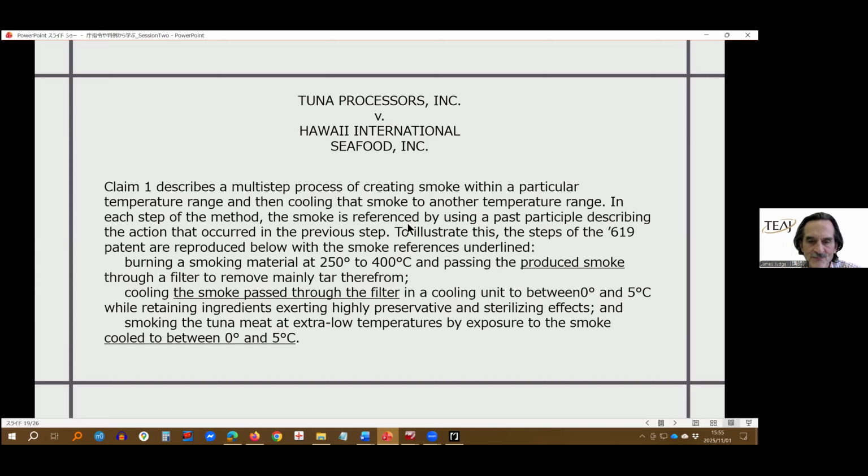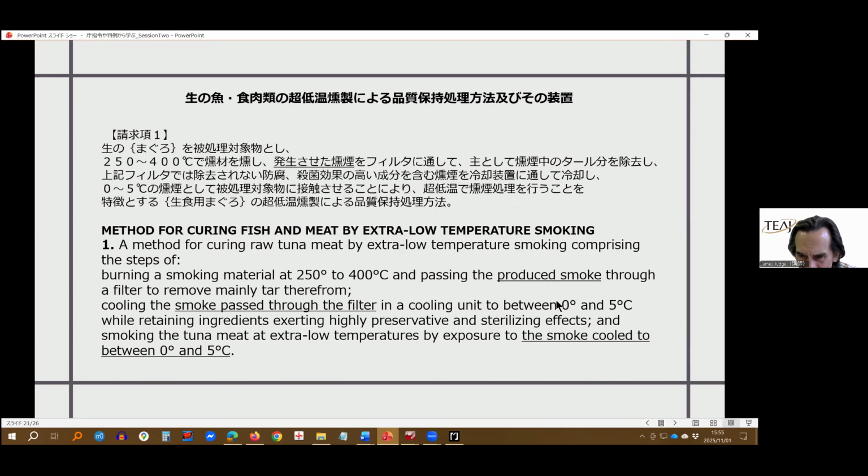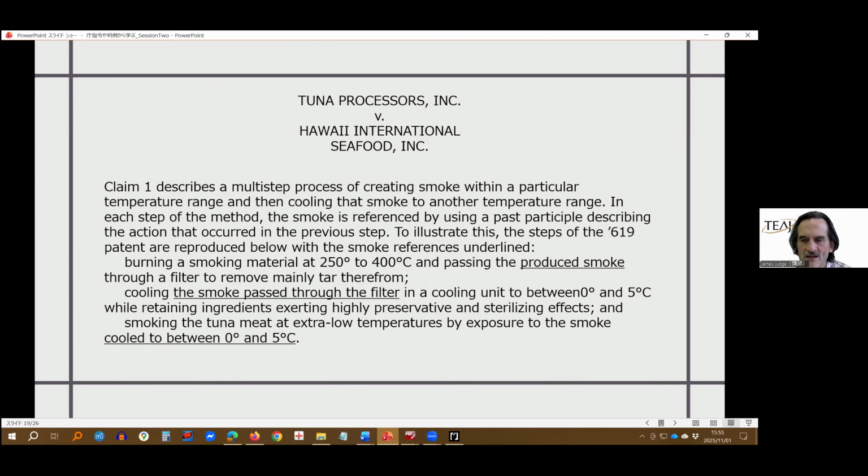And the claim in English has these three steps constituting the method of smoking tuna: burning a smoking material and passing the produced smoke through a filter, cooling the smoke passed through the filter to between, I'm sorry, there should be a space there, between 0 and 5 degrees centigrade, and smoking the tuna meat by exposure to the smoke cooled.